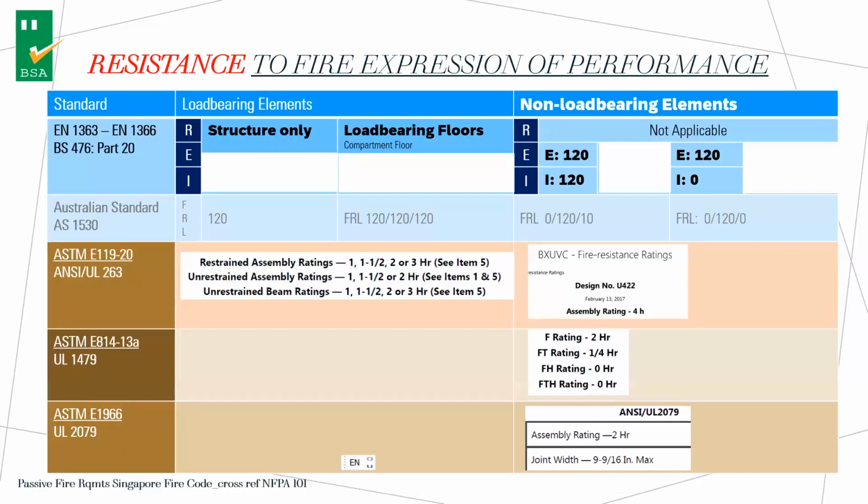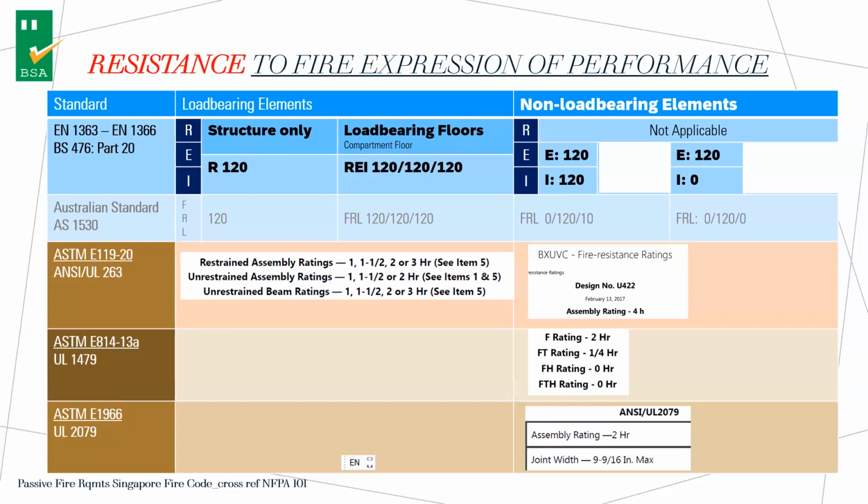So now, just as a summary, you look at a load-bearing element. What is an REI? If it is a structure only, you only look at the R, which is, say, 120 minutes, R 120. If it's a load-bearing floor, because the floor is a compartment floor, you will need to fulfill REI 120, 120, 120.